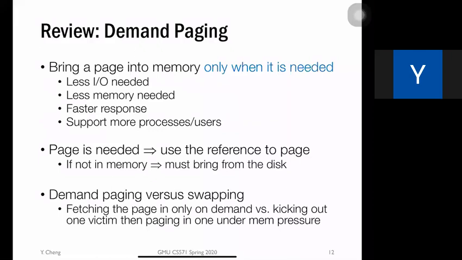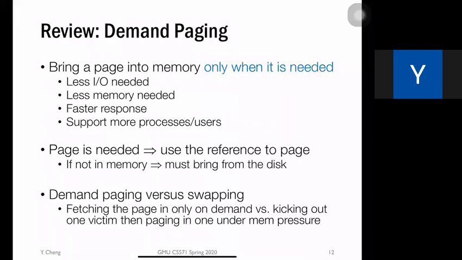So besides demand paging, we've also talked about swapping. So what is swapping? Swapping is when you reserve a certain portion of the secondary storage, a certain portion of the partition, solely as swapping space.